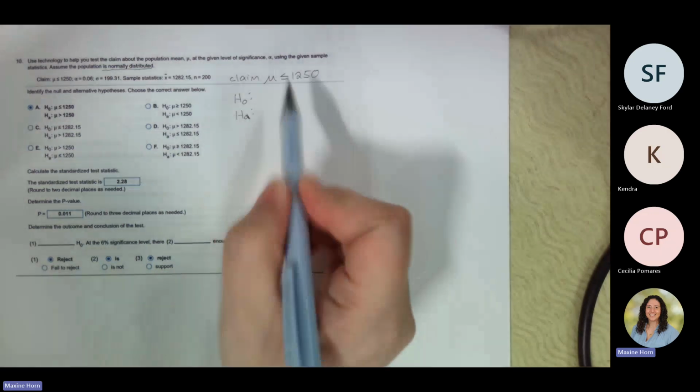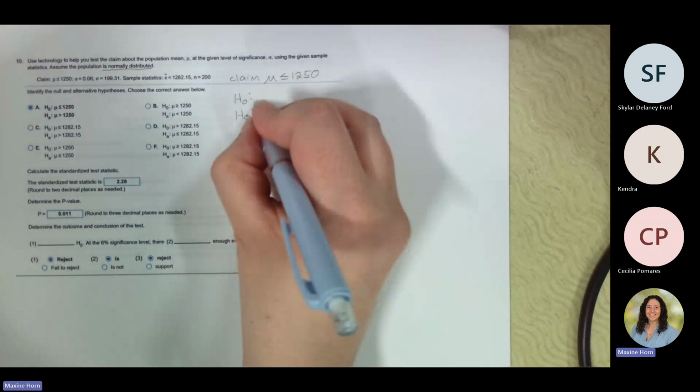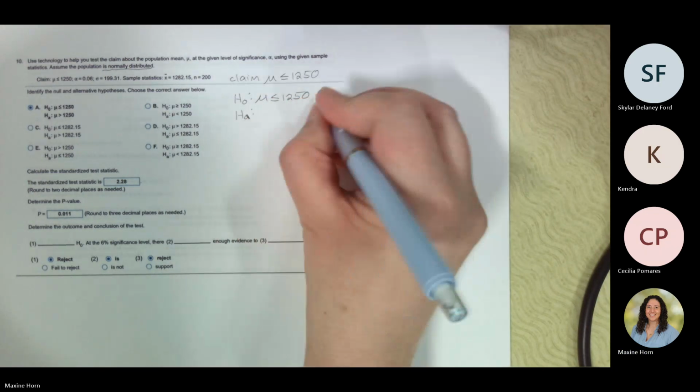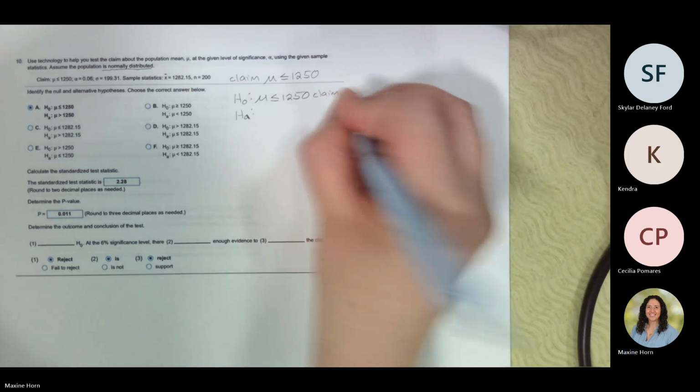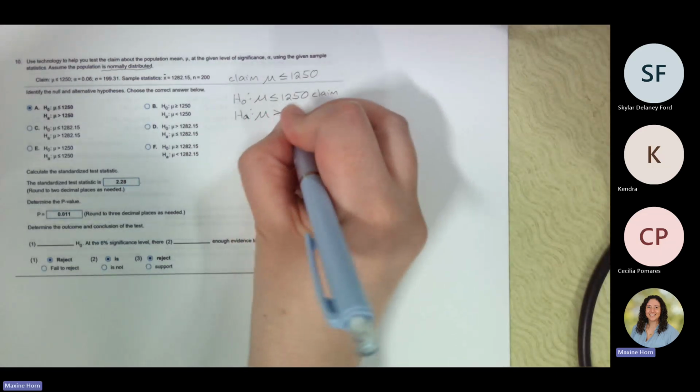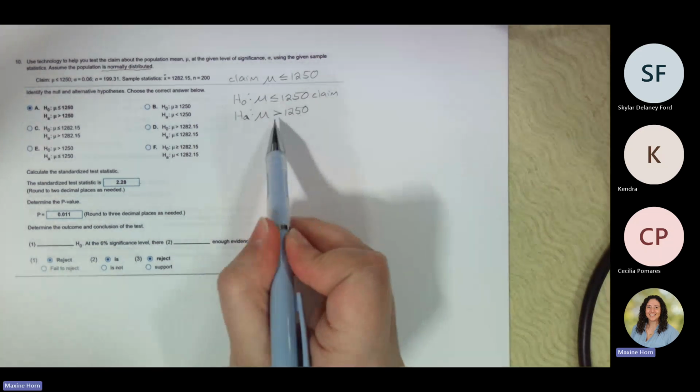So that means the claim has to go here. And again, I always like to remind myself which one's the claim. So that's our null hypothesis. Our alternative hypothesis is the complement of that, so it's going to be greater than 1250, because the complement of less than or equal to is greater than.